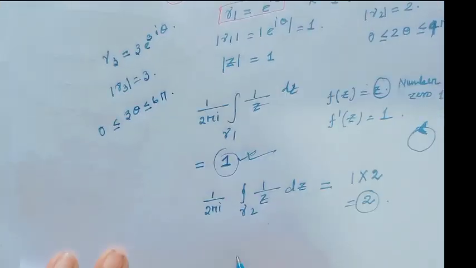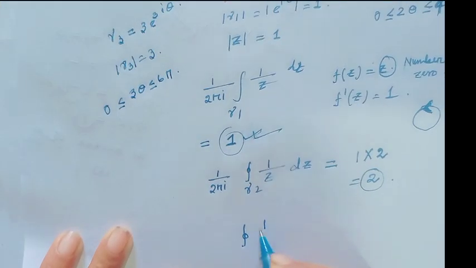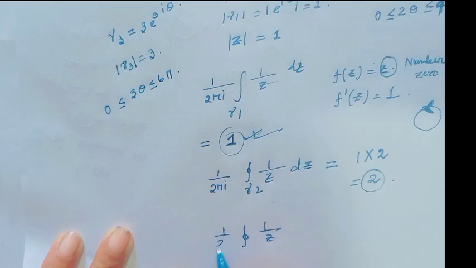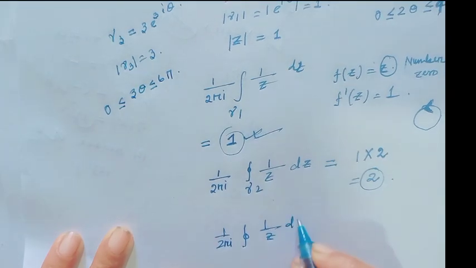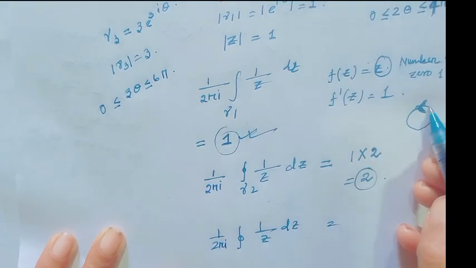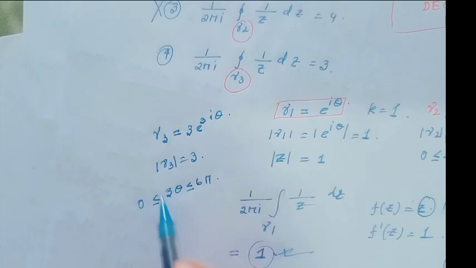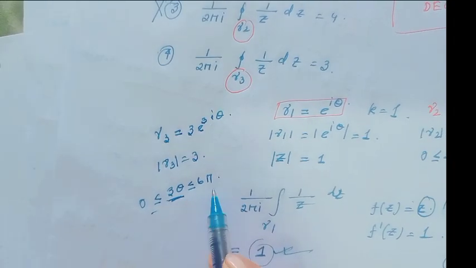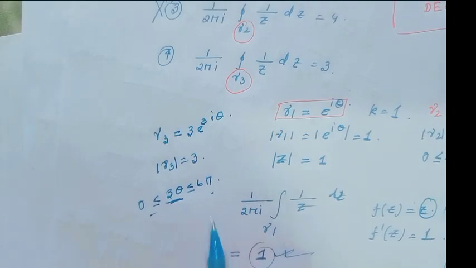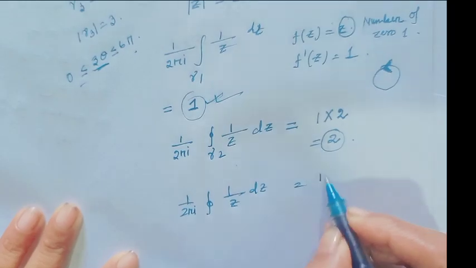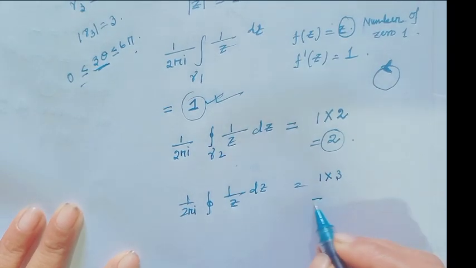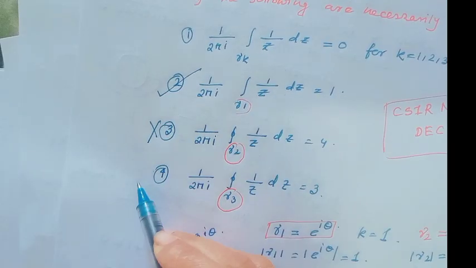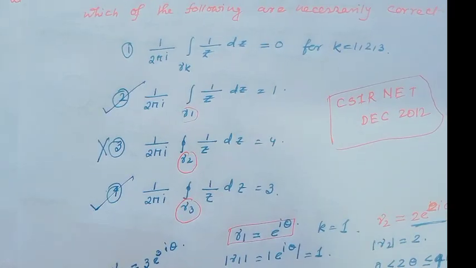So this value with respect to gamma 3, 1 over 2 pi i dz. Here would be not 1 rotation. Since theta lies between 0 to 6 pi, here use 3 rotations. So this value would be 1 into 3 equals 3. So option 4 is a right option. That means option 2 and option 4 are the right options.